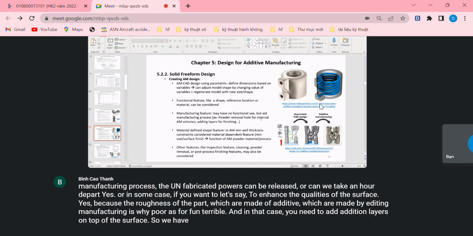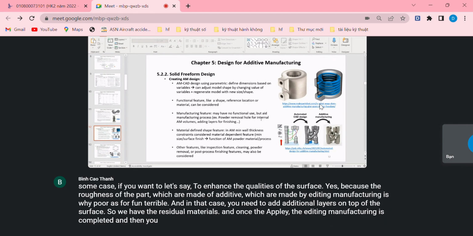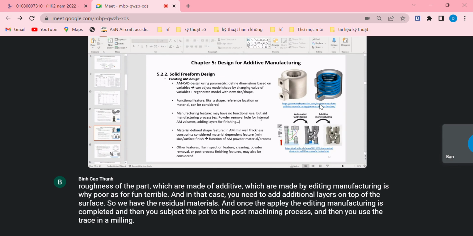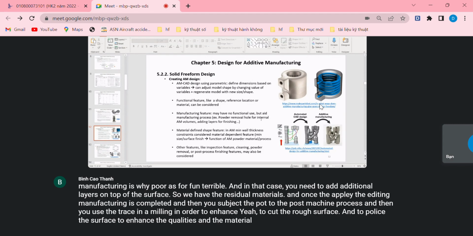So we have the residual materials, and once the additive manufacturing is completed, you subject the part to the post-machining process, and then you use traditional milling to cut the rough surface and polish it to enhance the quality of the surface.